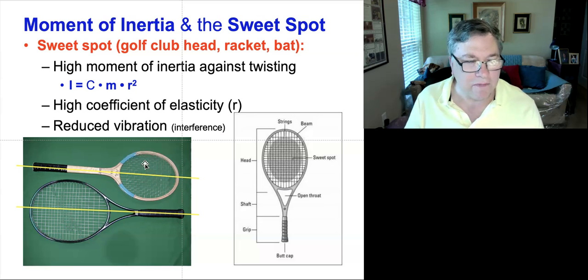Even though it's heavier, the radius of gyration is smaller, and since that's related to the second power, you're going to have a lower moment of inertia. And that means the sweet spot is smaller.